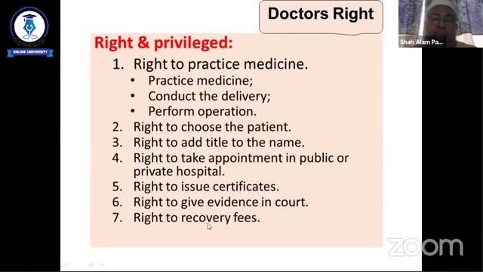Doctors have the right to recover fees. These are the rights and privileges of doctors whenever they become registered with the BMDC. Without registration, you cannot use your medical knowledge.